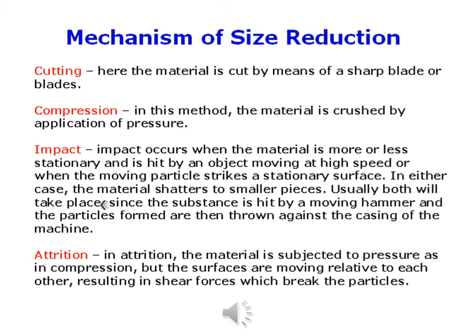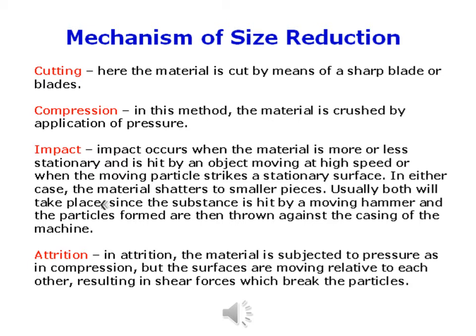Impact occurs when the material is more or less stationary and is hit by an object moving at high speed, or when the moving particle strikes a stationary phase, like in the hammer type of mill.